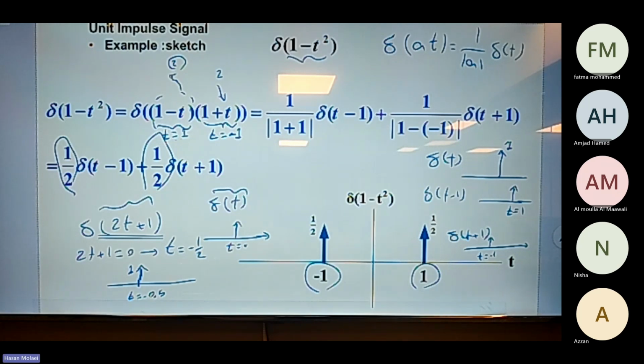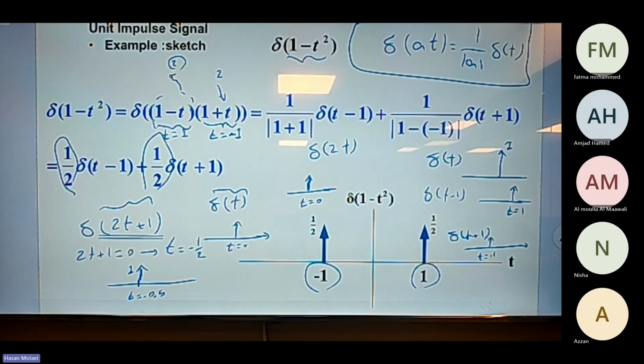Okay, let me go to delta of 2t. Delta of 2t is located at t0 with the amplitude of 1 over 2.